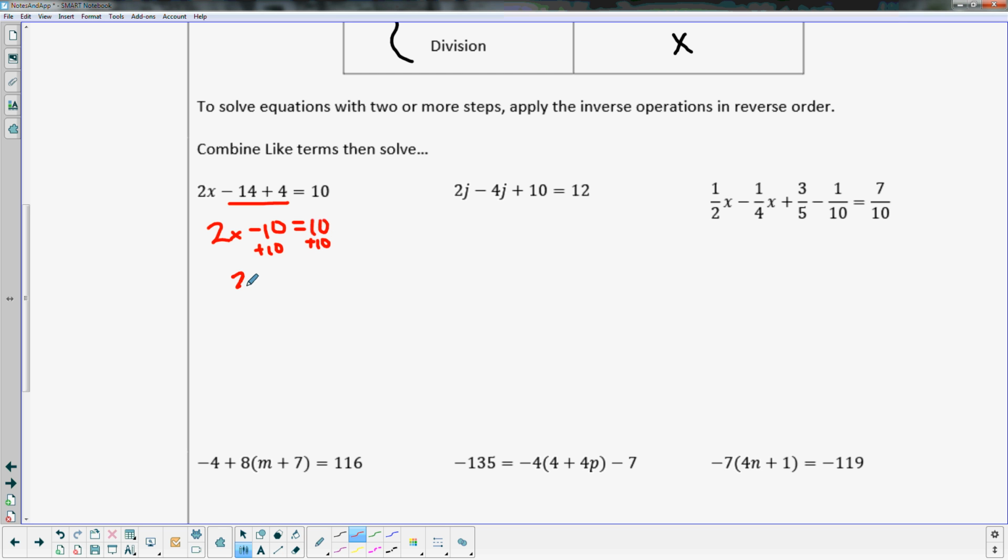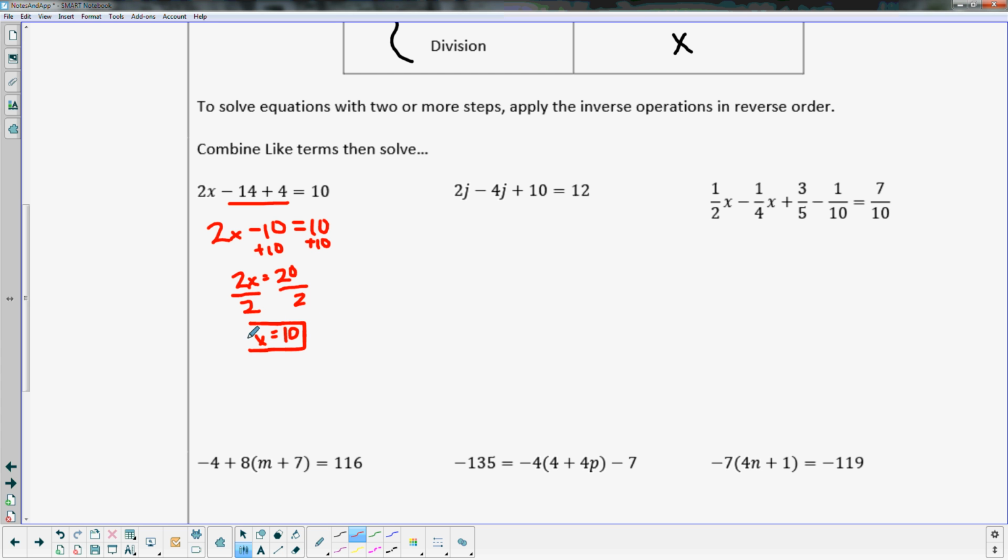And I get 2x is going to be equal to 20. And then to solve for x, I would divide by 2. And x would be equal to 10. As if there weren't enough 10s in this problem, that ends up being the answer as well.